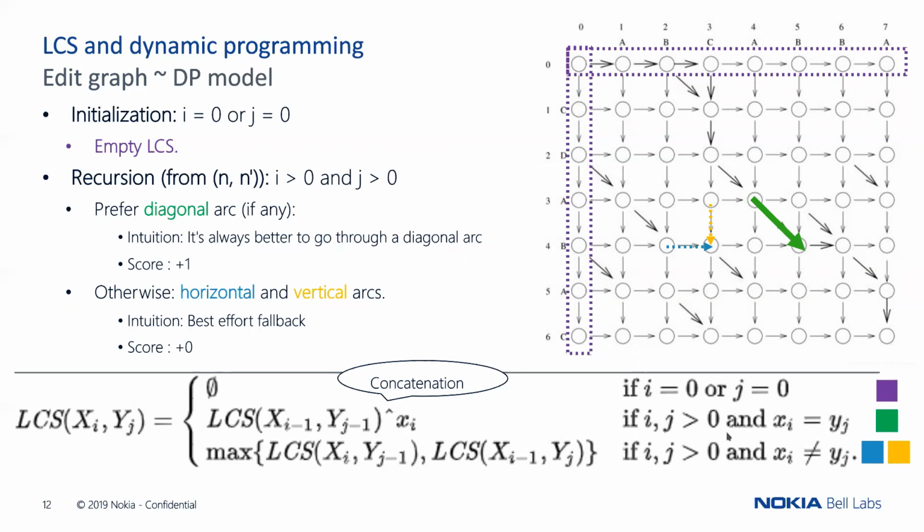And finally, you have the horizontal and the vertical edges, so the orange ones and the blue ones, that correspond to the blue-orange equation here. And you basically pick the best solution among the solutions that you have found here or here. And so it gives you the solution for here. Is it clear so far?